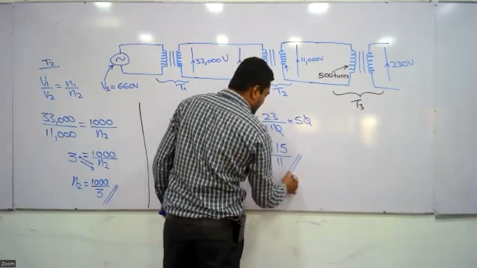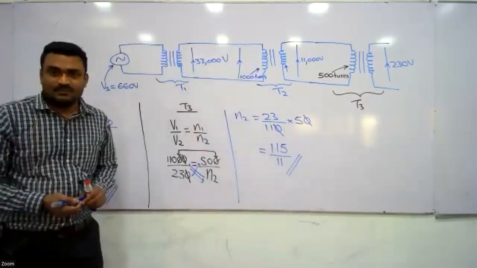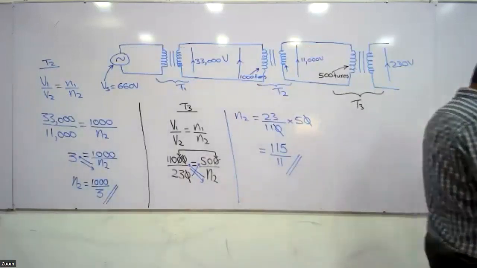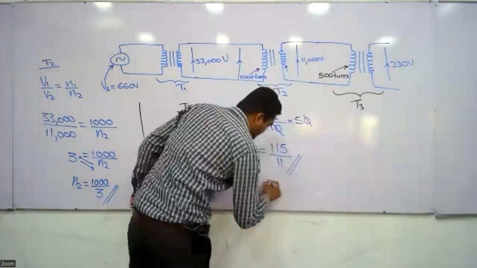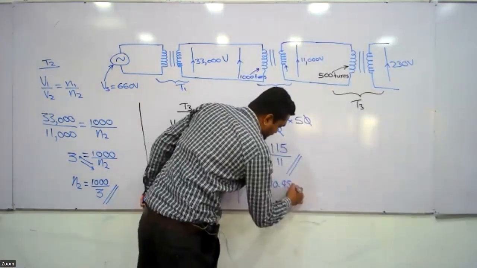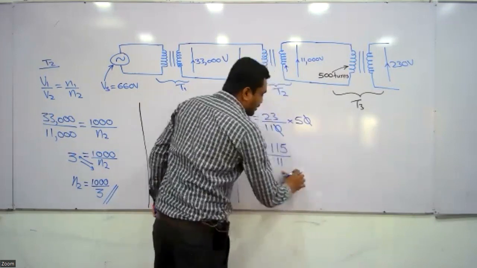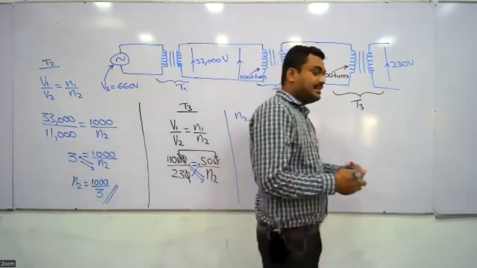That's it, 115 over 11 turns. But in the exam, you should divide this and give the answer at least with 2 decimal places. Who got this answer? If you divide this, you will get about 10.45 turns. 10.45 turns means about 10 turns, 10 to 11 turns.